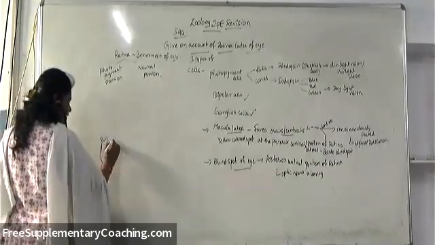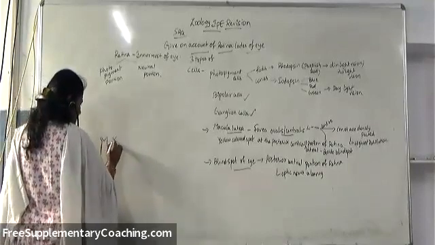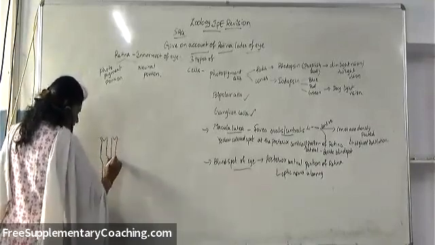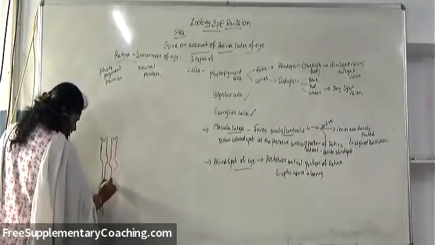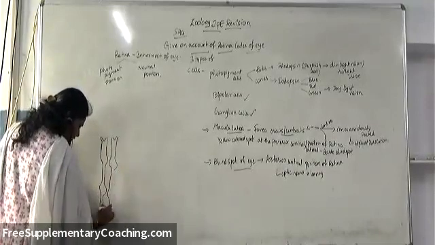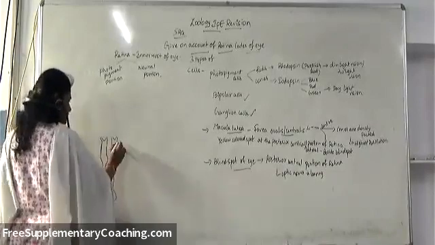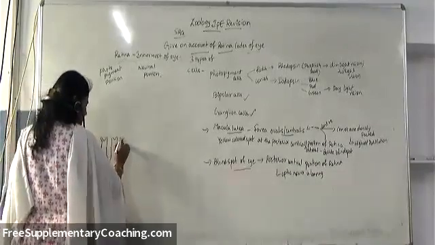So like this, you can show many bipolar and ganglion cells. And on the top of them, you are supposed to show the rods and even cones, which are present in an alternate fashion.